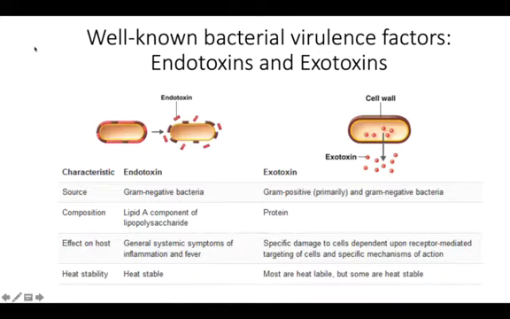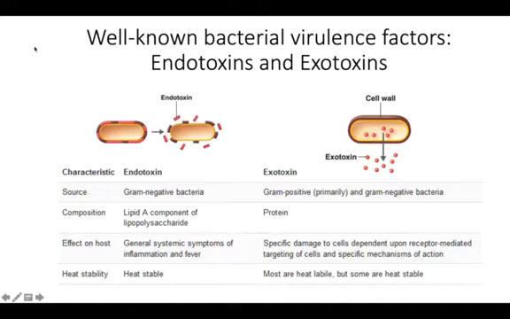That is the toxin of the endotoxin, the toxin of the gram-negative bacteria. Usually, what effect does it have on the host? This usually will cause symptoms such as inflammation and fever.